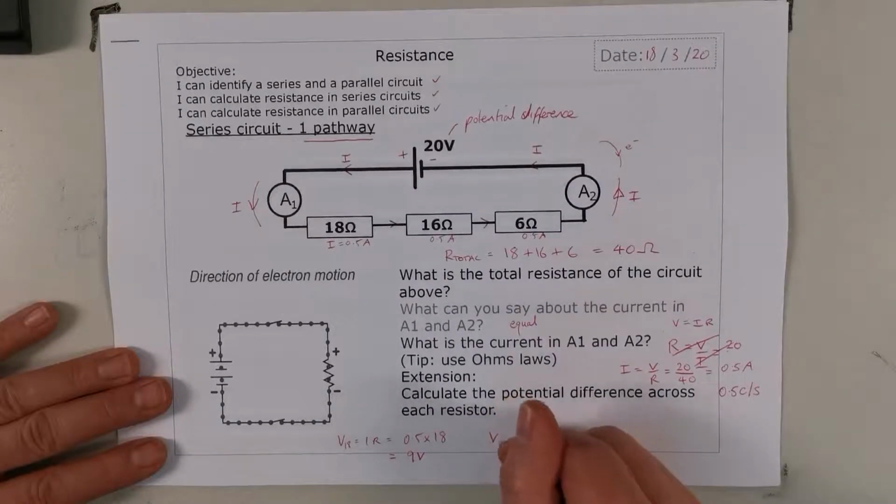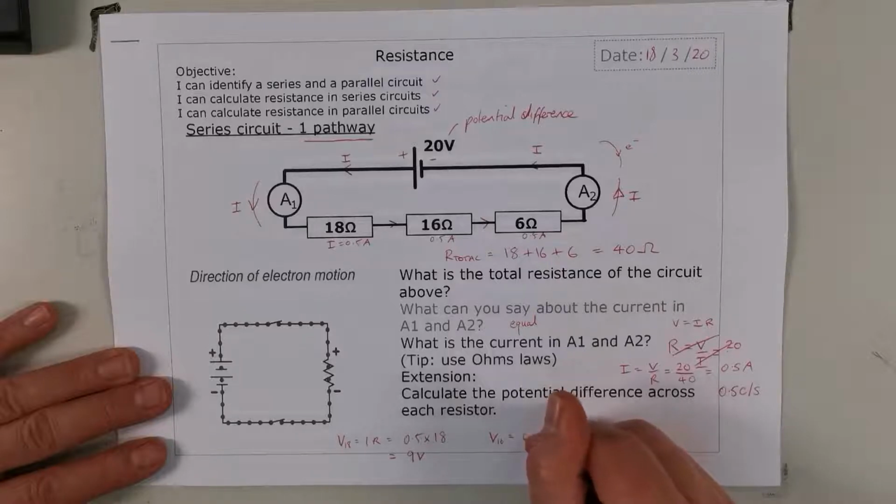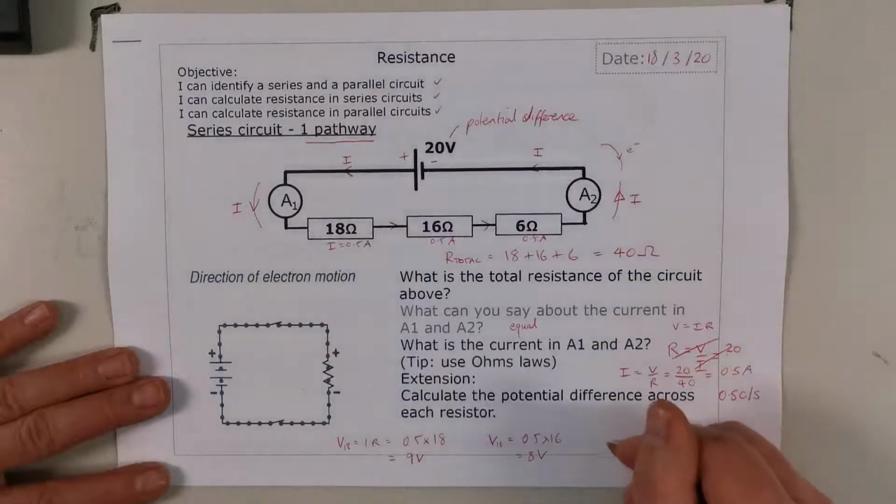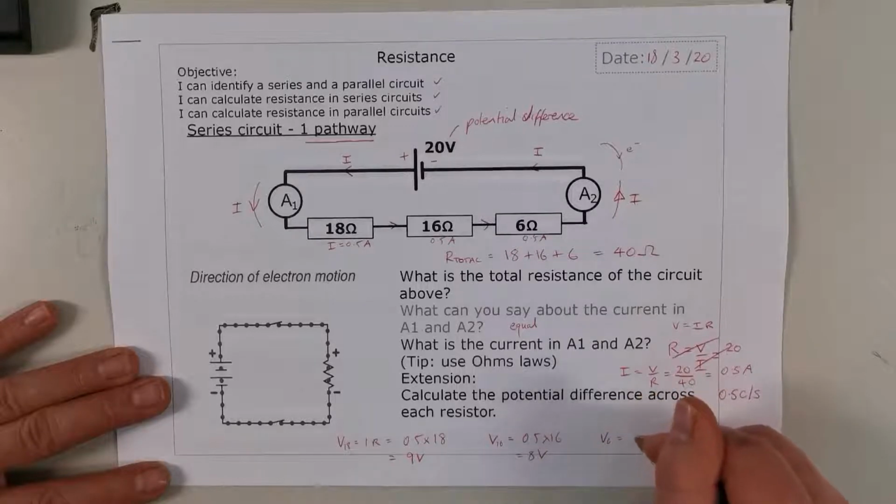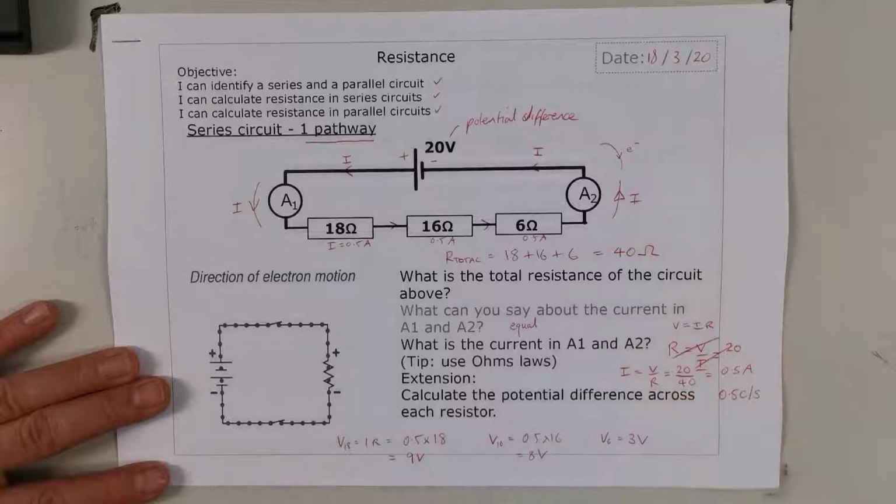For the 16 ohm resistor, it's 0.5 times 16, which is 8 volts. And for the 6 ohm resistor, it's 0.5 times 6, which is 3 volts.